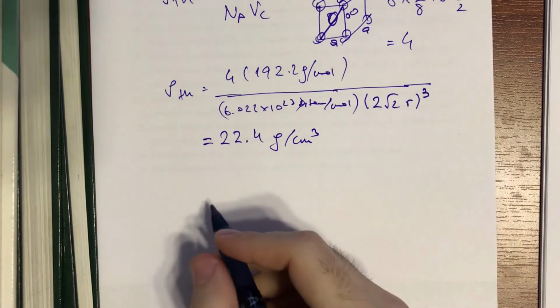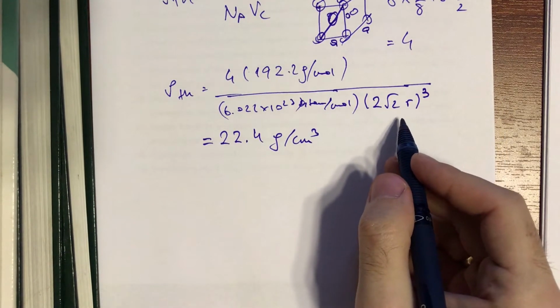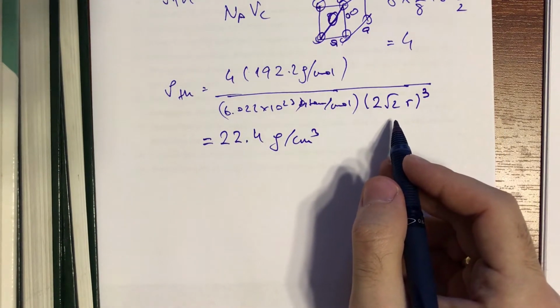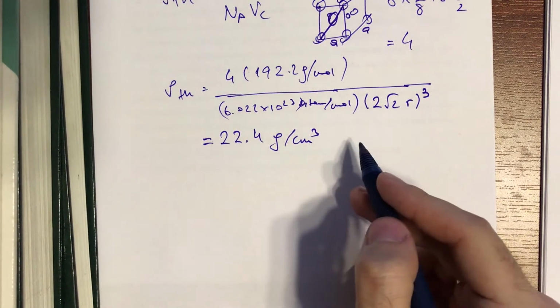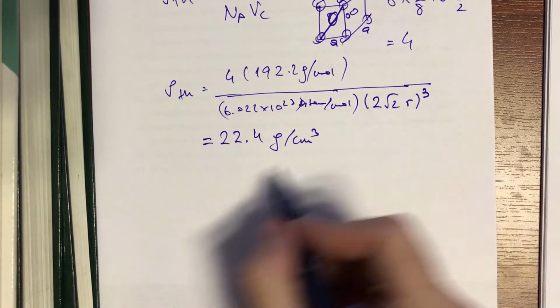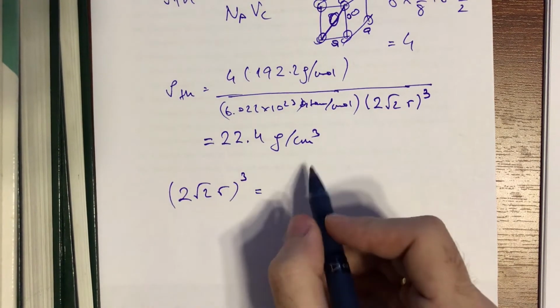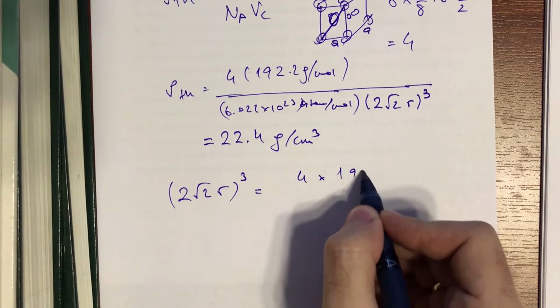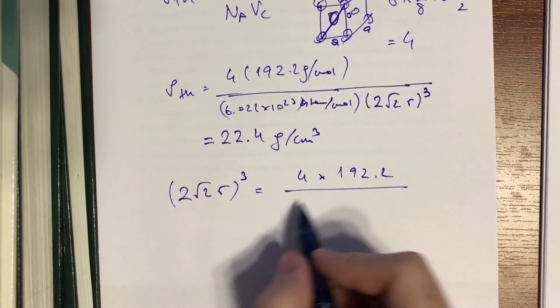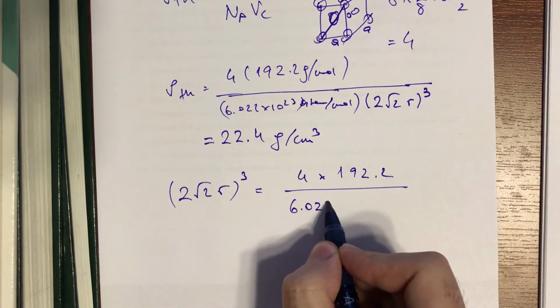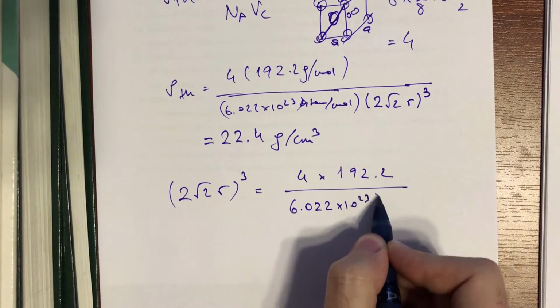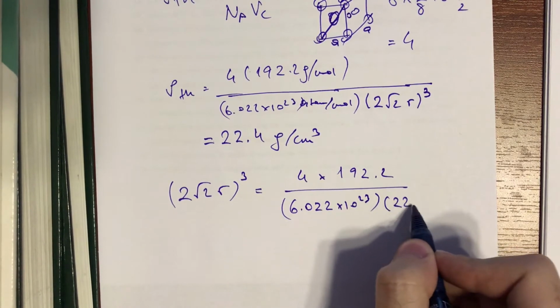Okay, so this is simply an algebraic equation now. 2 square root 2r cubed is going to be equal to 4 times 192.2 divided by 6.022 times 10 to the power 23 times 22.4.